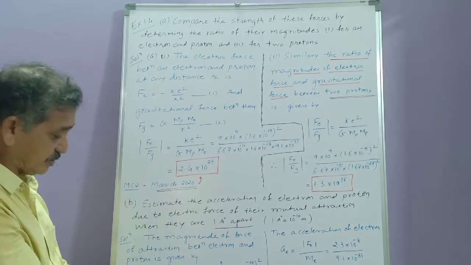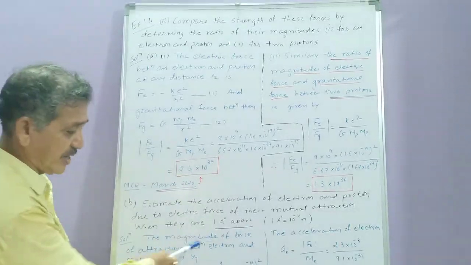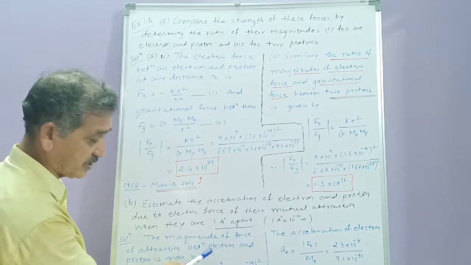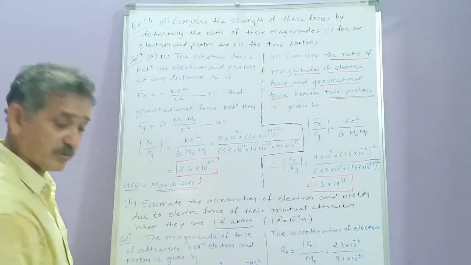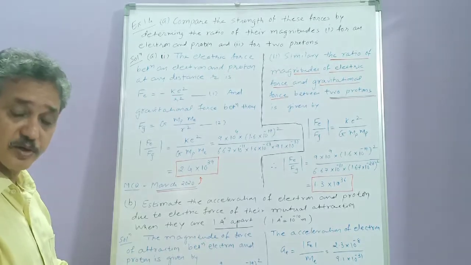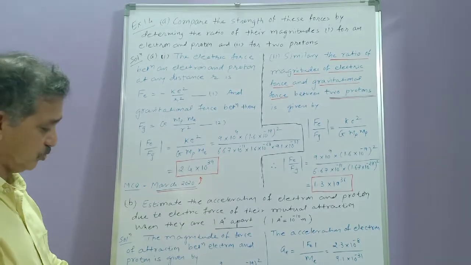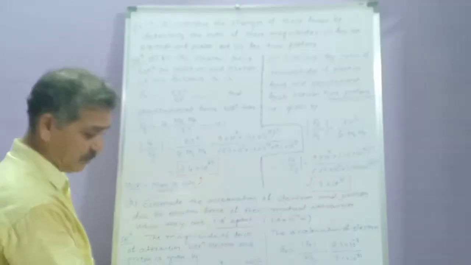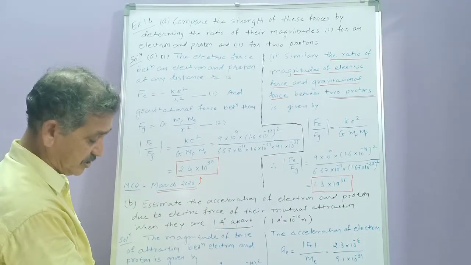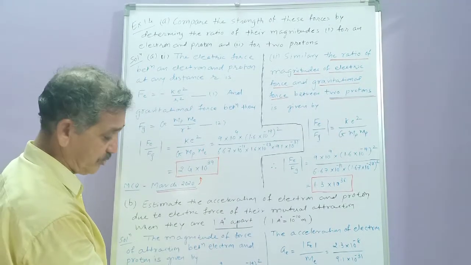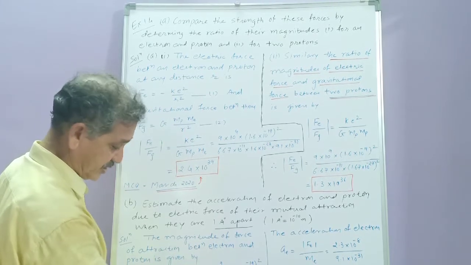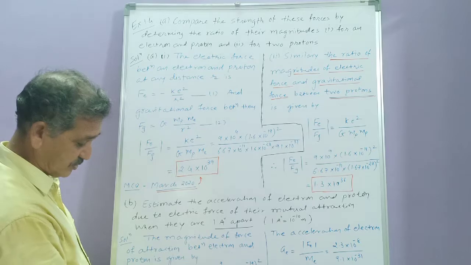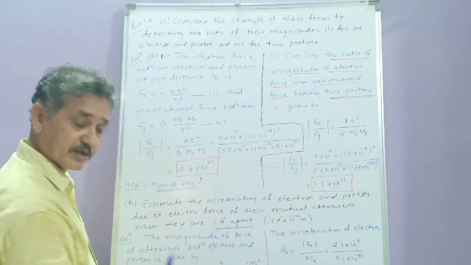As we have seen earlier, the magnitude of the force of attraction between electron and proton is given by k e square upon r square, because the charge of proton and charge of electron being same. Putting the value 9 into 10 raised to 9, charge of electron, distance r is 10 raised to minus 10 square, and simplifying, you will get the answer 2.3 into 10 raised to minus 8 Newton.